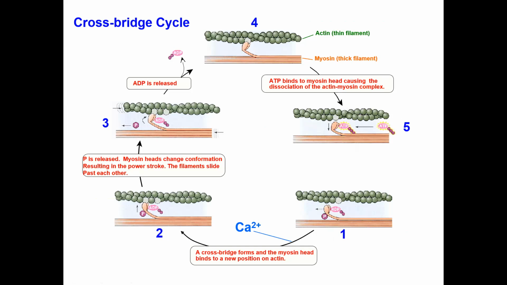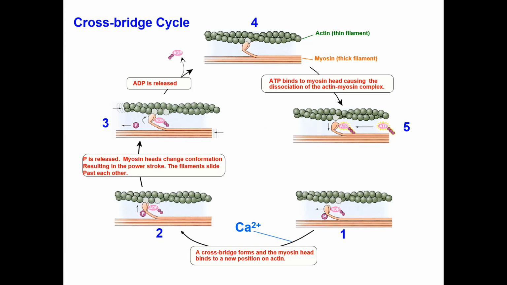The myosin head returns to its normal position. If there is calcium in the cell, it connects again to another actin. If there is no calcium in the cell, then the contraction stops. That is called the cross-bridge cycle.